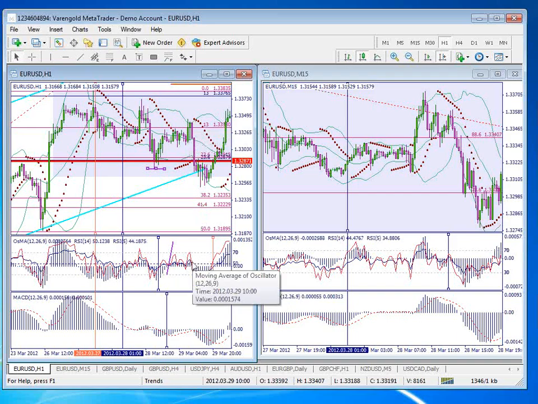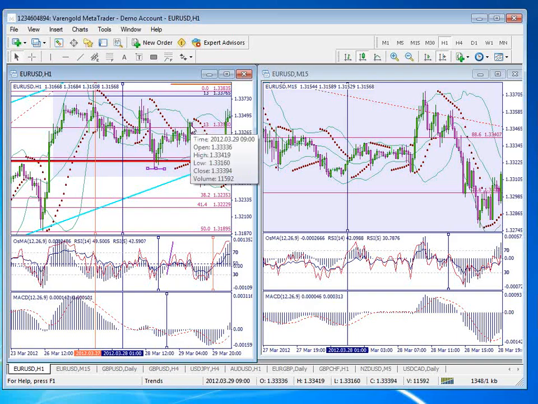I also see here the signal that the RSI starts to go in the down direction, and also the MACD couldn't cross the 0. So here I can stop the trade.